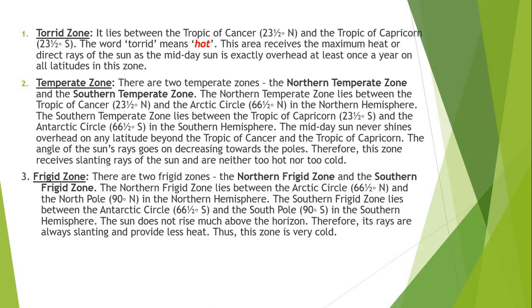Frigid zone. There are two frigid zones, the northern frigid zone and the southern frigid zone. The northern frigid zone lies between the Arctic Circle and the North Pole in the northern hemisphere, and the southern frigid zone lies between Antarctic Circle and the South Pole.